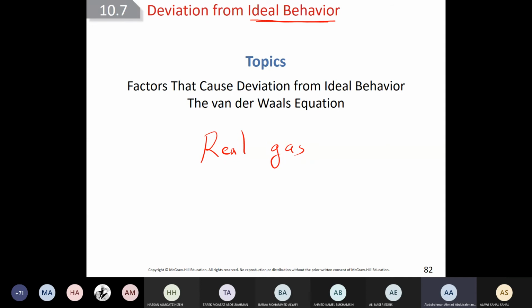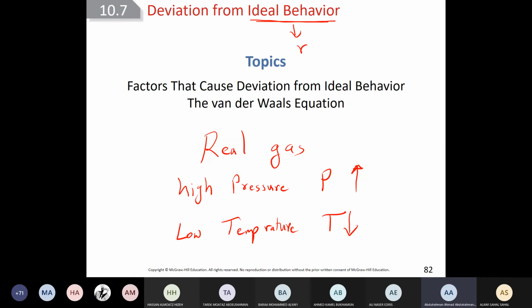If there is very high pressure, P very high, and if there is very low temperature, T very low, then the gas will change from ideal to real.